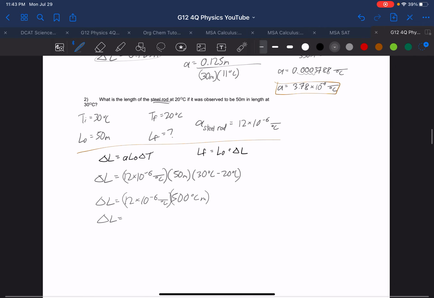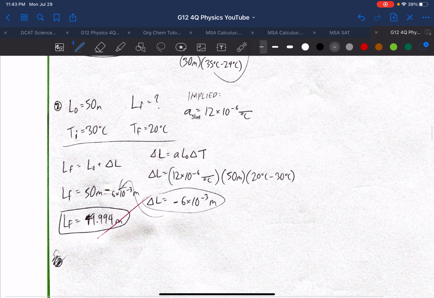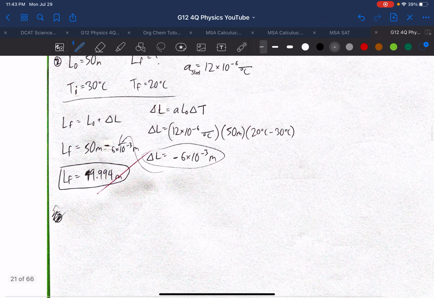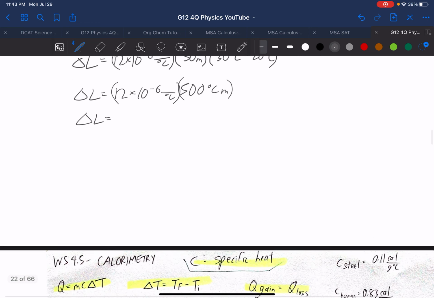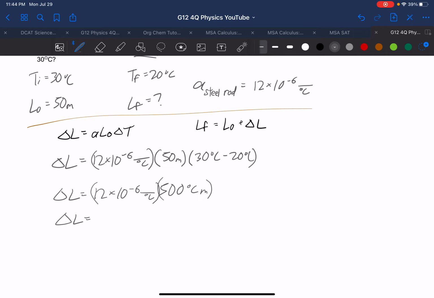Okay. Calculator is pretty useless at this point. Let me get an actual calculator. Bear with me.